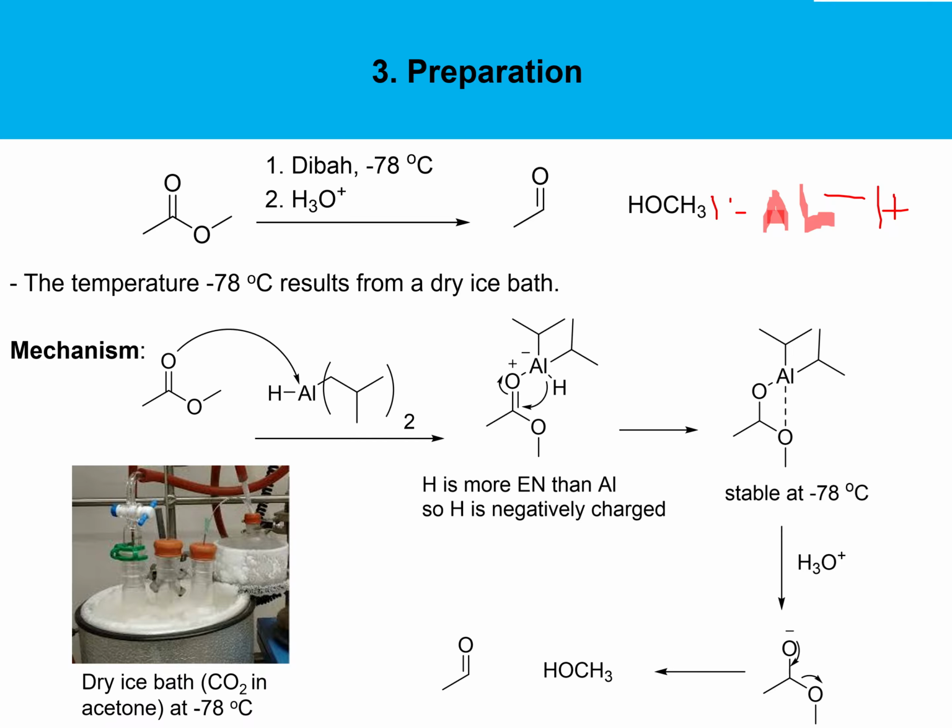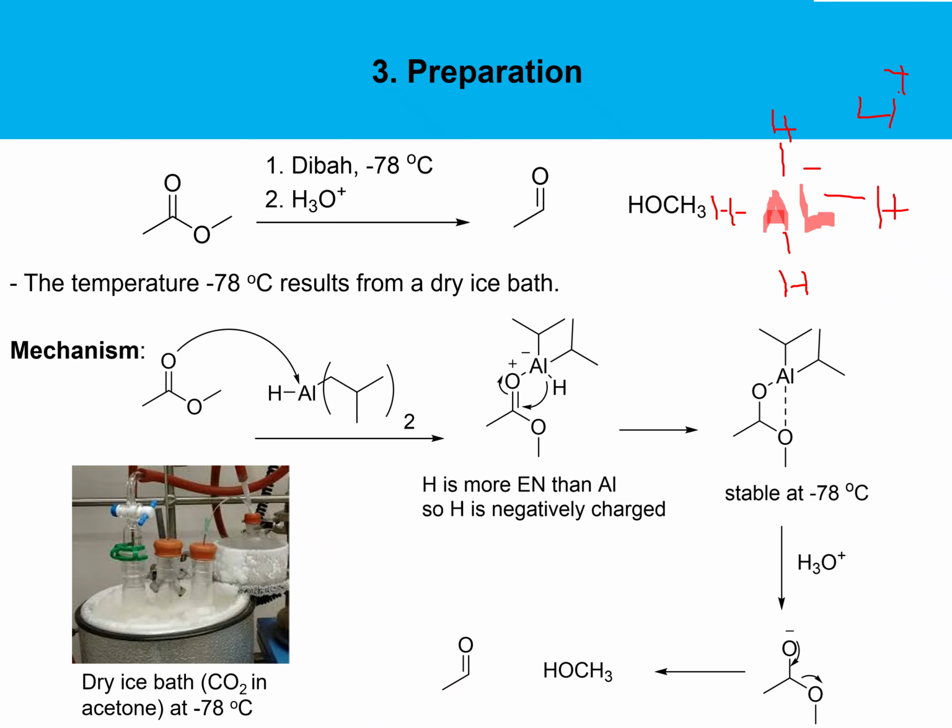So this is the structure of lithium aluminum hydride. It has aluminum in the middle. It has four hydrogens around it, and then there's a lithium somewhere around it with a positive charge. This aluminum, because it has four groups around it, has a formal negative charge.